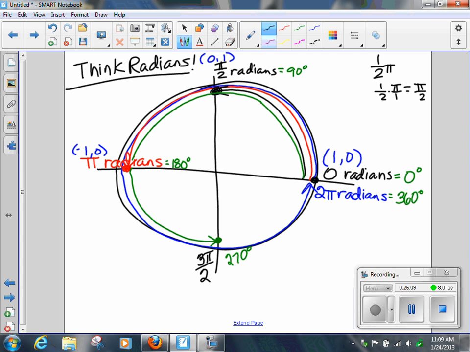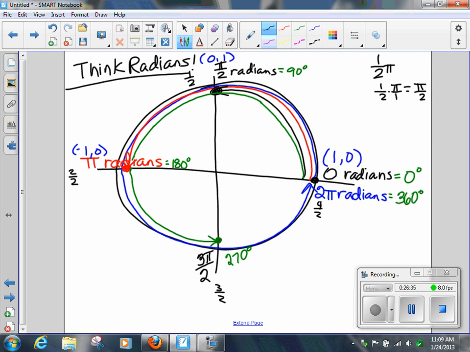Think about it again. You can do this in pencil. 1/2, 2/2, 3/2, 4/2. Because isn't 4 over 2 just really 2? And isn't 2 over 2 just really 1? Think in terms of fractions, and it will make your life so much easier for this unit circle.